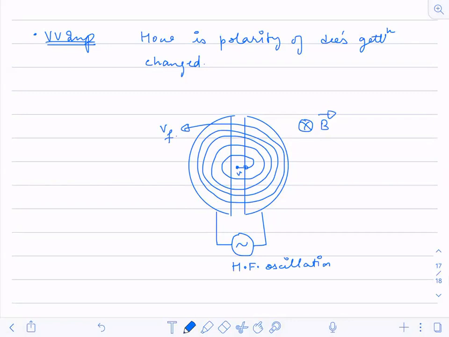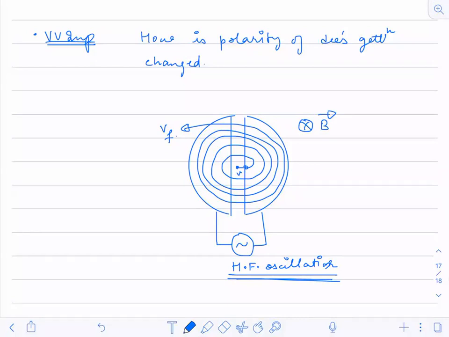Now we have to understand about the high frequency oscillator, because changing the polarity every time is important, and after what time it will change the polarity is also very important.